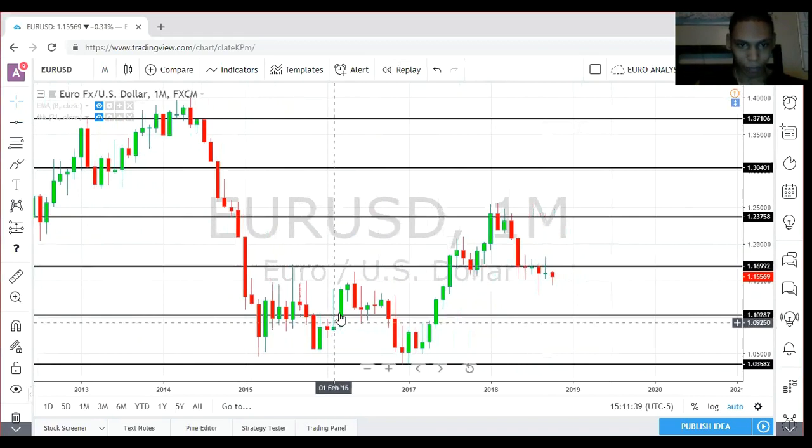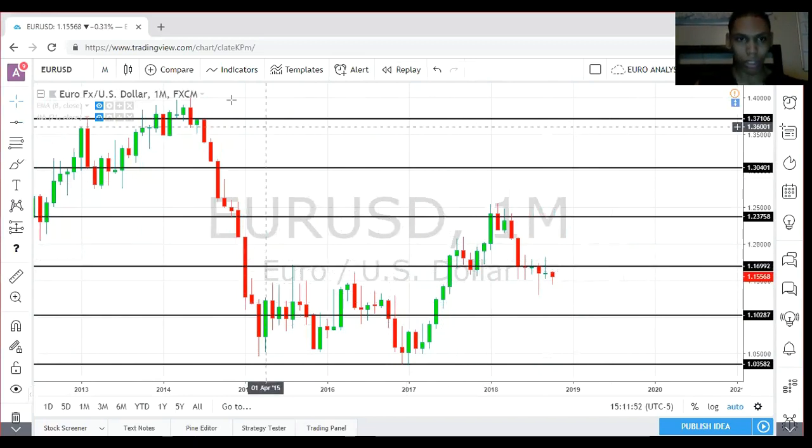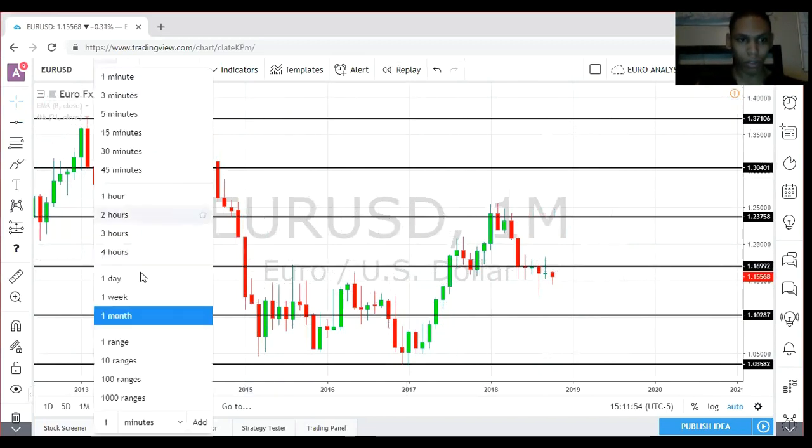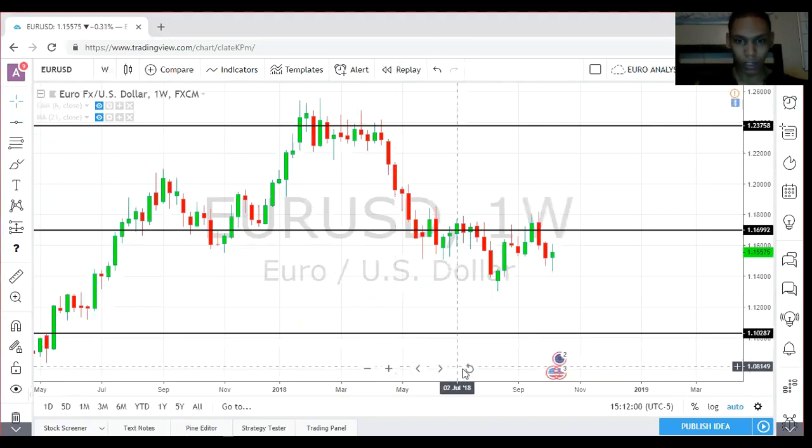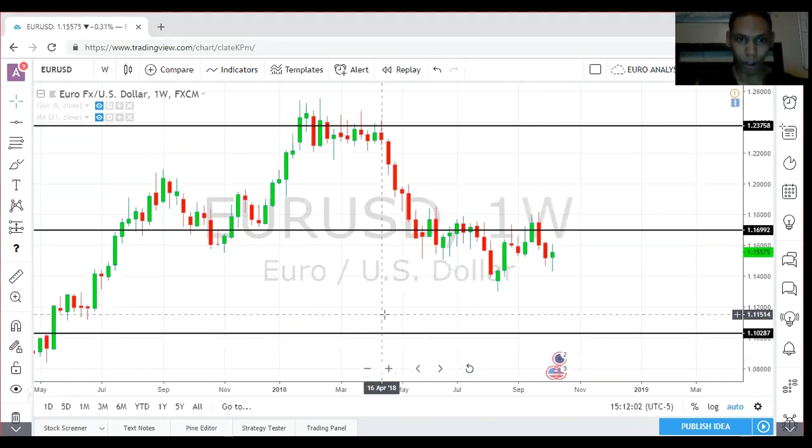Right here. This is a perfect example, but this is an uptrend. You want to look for a bullish engulfing. We're gonna go down one time frame lower to find a good bullish engulfing pattern.